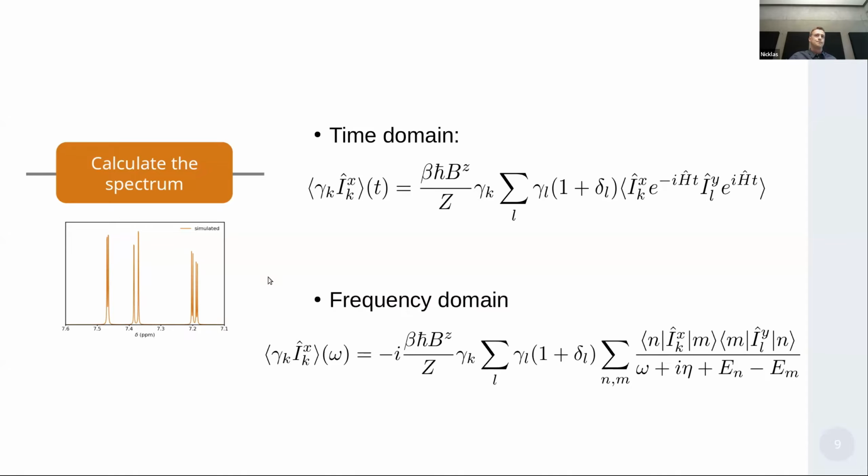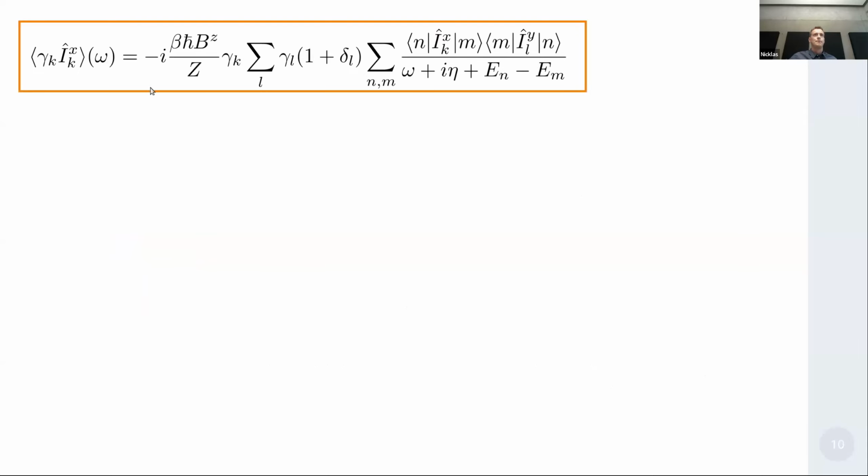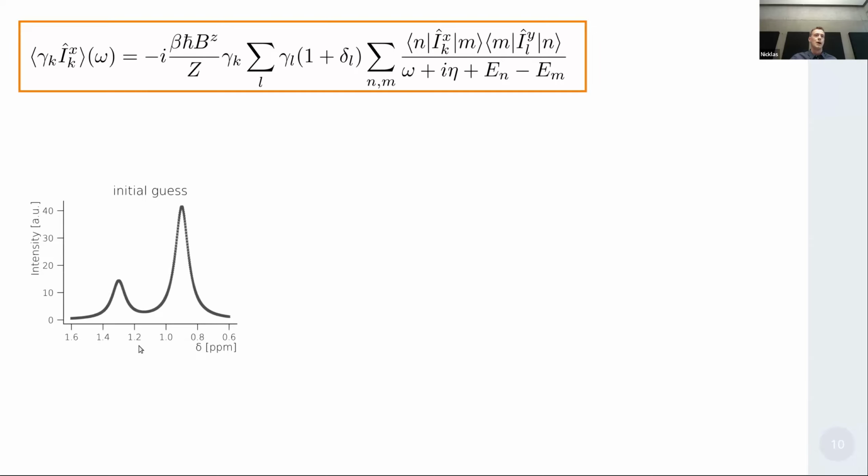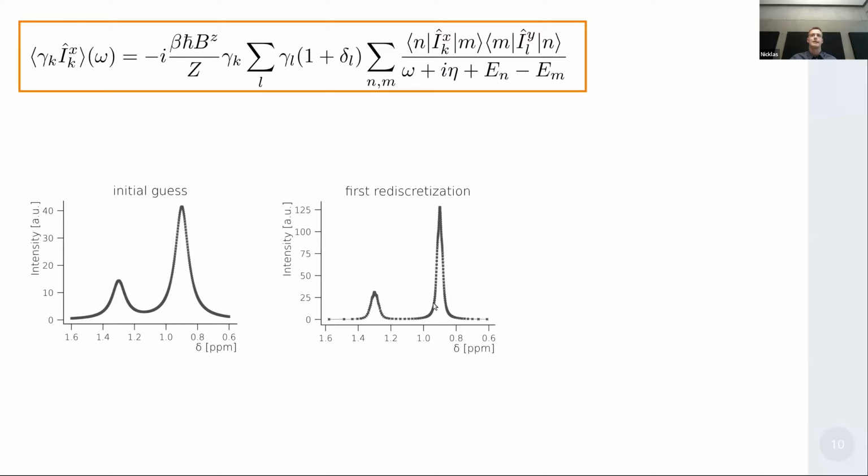So what you can do is you start in the first round with an initial guess for your spectrum, where you just place Lorentzian peaks with a very large broadening around the area where you anticipate these kind of peak structures. And then you perform one calculation of the spectrum where you put more frequency points where you expect these kind of spectral features. So you would get something like this.